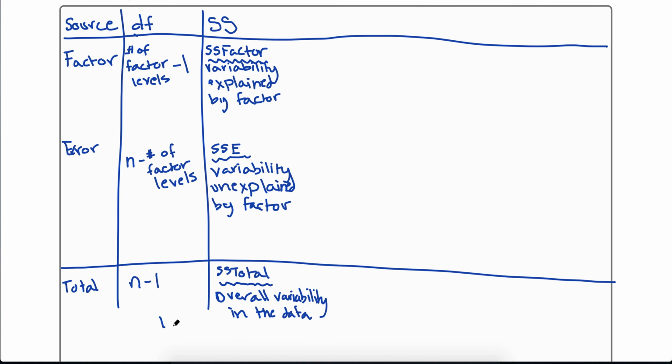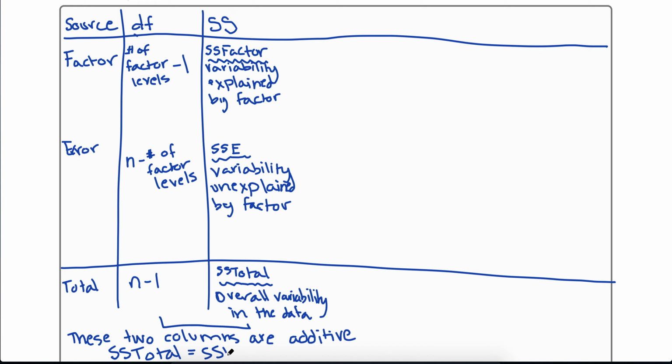So I'm going to make a little note down here that these two columns are additive. These two columns, none of the other ones are, so don't try it. Specifically, SS total is equal to SS factor plus SS error. That might be helpful in figuring out some of these values.